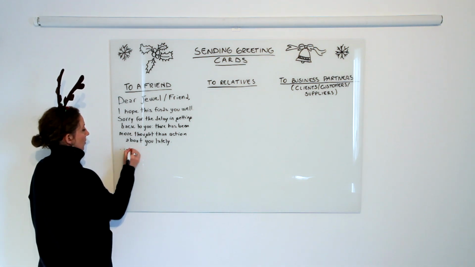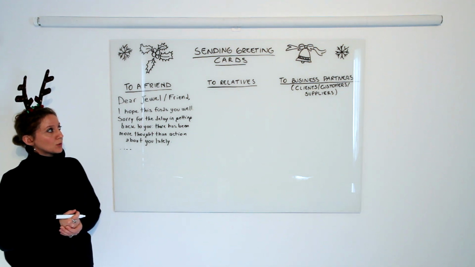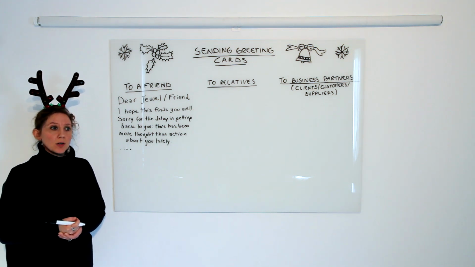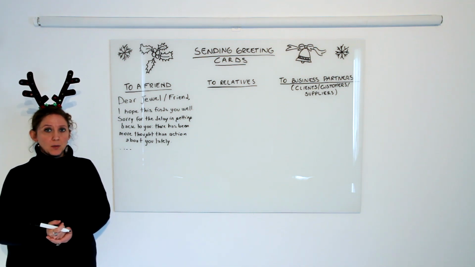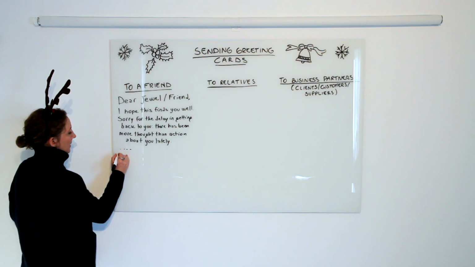Then you can go on the way you please. You may also want to, for example, share pieces of news about someone or some common friends, in which case you may introduce this as well.